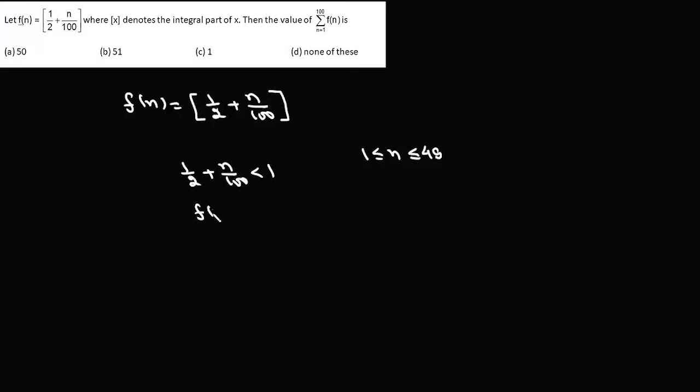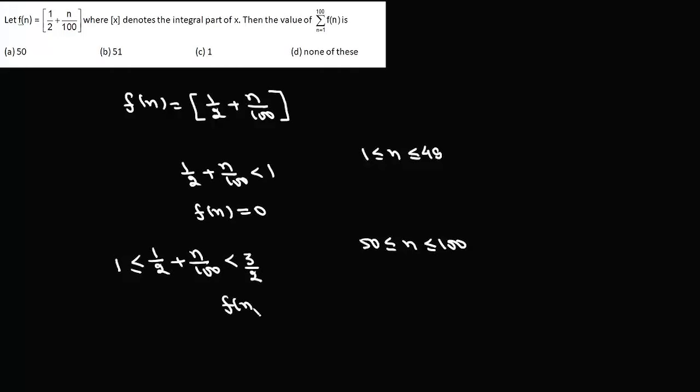In that case, the value of fn will be 0, and if n lies between 50 and 100, then 1 by 2 plus n by 100 will be greater than or equal to 1, but less than 3 by 2. So in that case, the value of fn will be equal to 1.